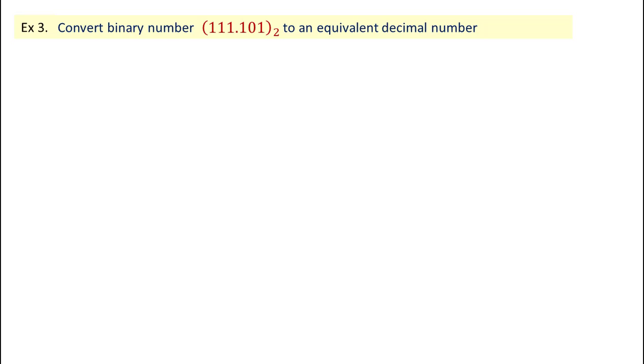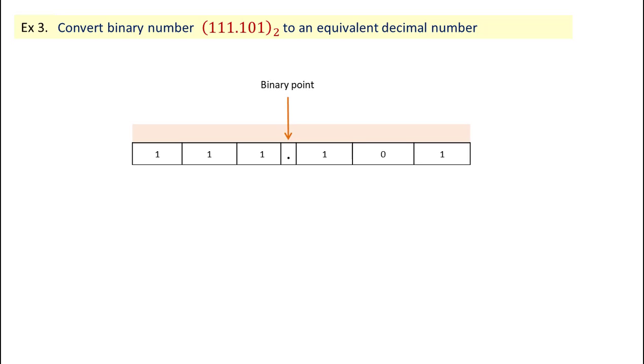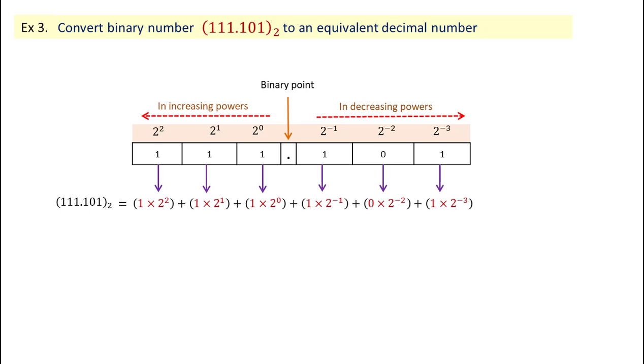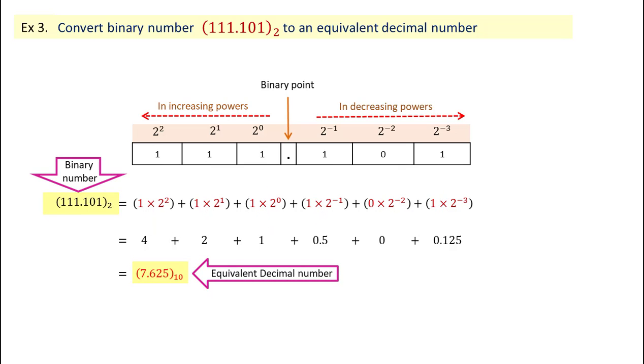So first we will write a given binary number and then we will assign weight to each bit of the binary number as we did in the previous questions. Now we will calculate sum of product of each bit with their corresponding weights and then we will get an equivalent decimal number of the given binary number.